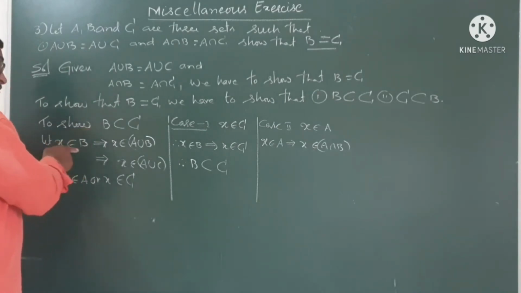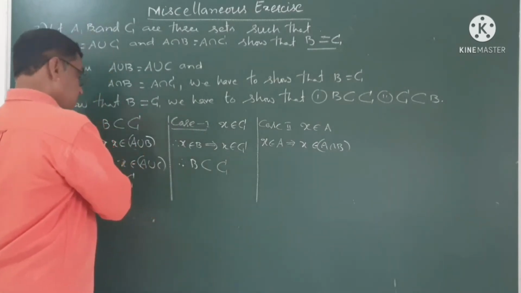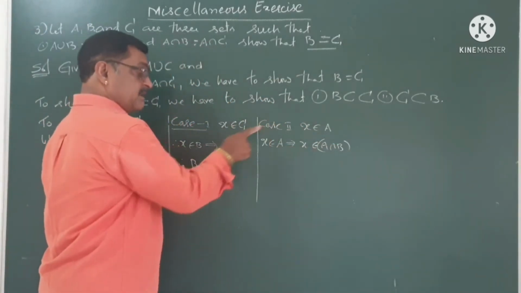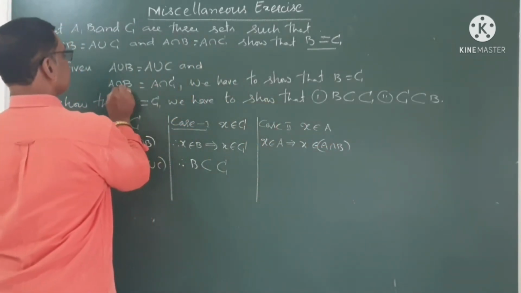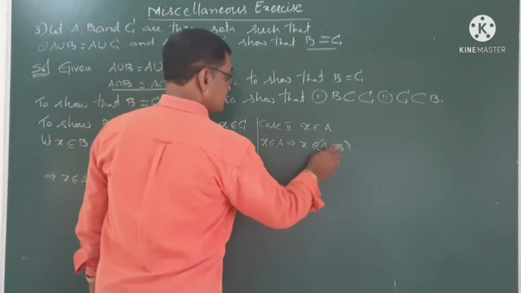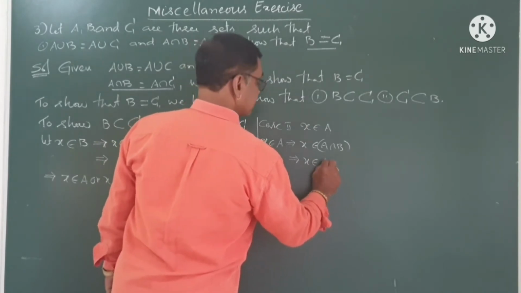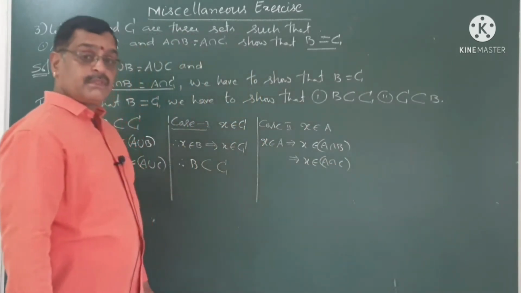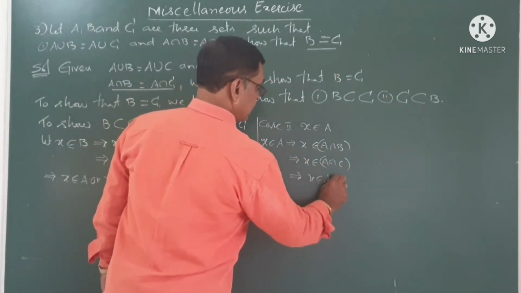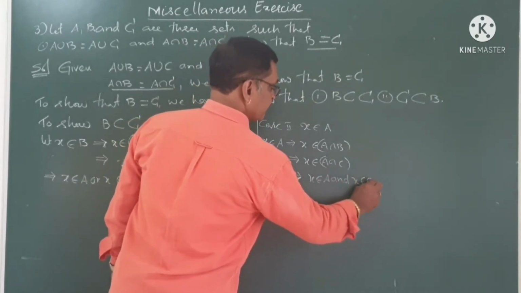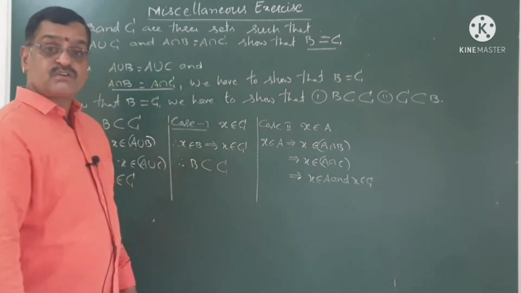Because x belongs to B and I have x belongs to A. So x belongs to B as well as x belongs to A. Therefore, x belongs to A intersection B. Here, I use this condition: x belongs to A intersection B implies x belongs to A intersection C. x belongs to A intersection C implies x belongs to A and x belongs to C. I have x belongs to A, no problem. Now I have a new thing, x belongs to C.